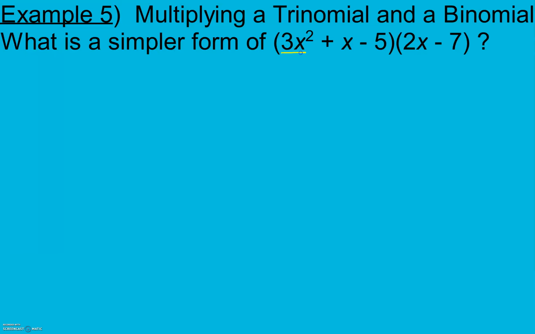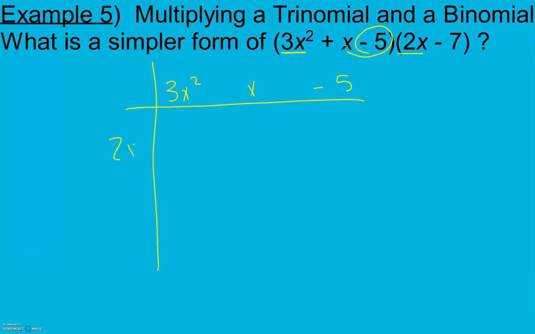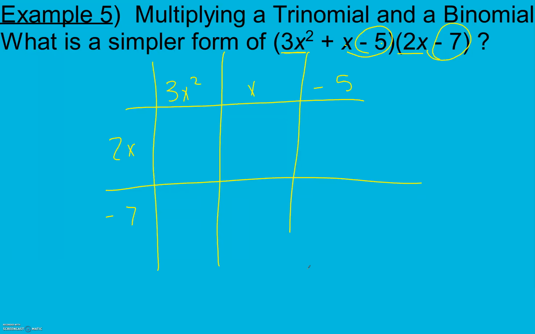So here, just like we did in the first half of the section, 3x squared, x, negative 5. Sign goes with the number. We list out all of our terms, each monomial in our polynomial. 2x, and again, sign goes with negative 7. Here we're going to multiply just like we did before in our table.